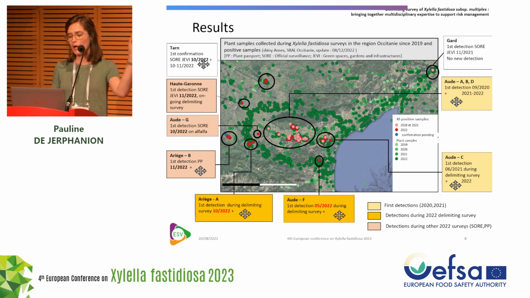And you can see all the samples on this boundary ring we have detected. You can also see that we have found in 2022 other contaminated sectors out of the boundary ring in the framework of official surveillance and plant passport inspection.